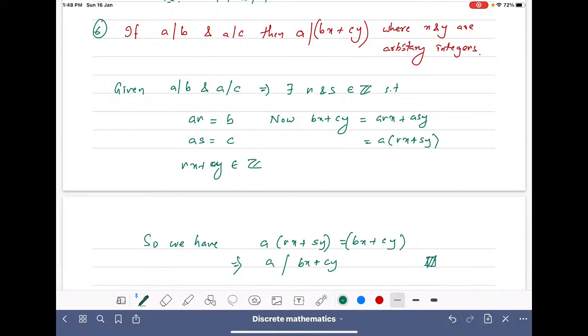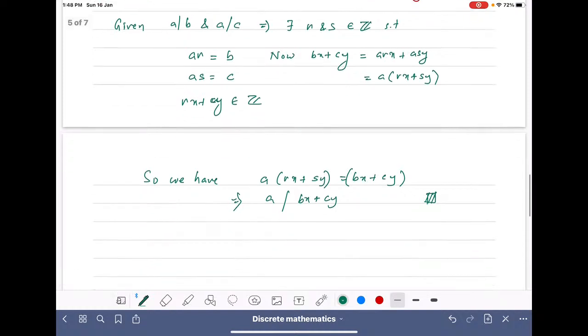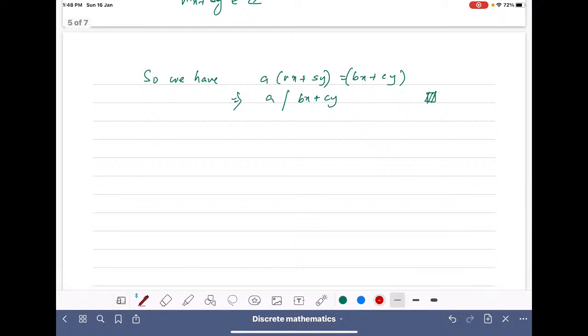The converse is not true. The converse of the result is not true. Example, we could take anything.